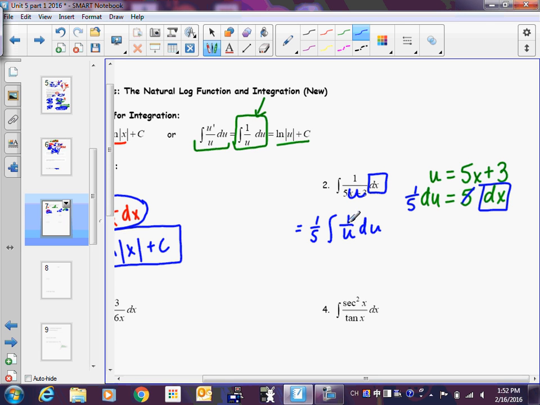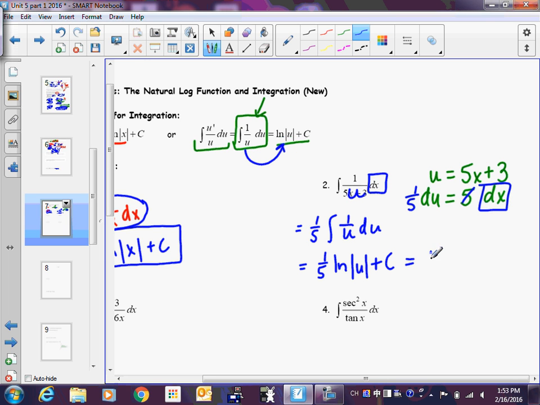You don't want to have any x's mixed in with your u's here. If that's the case, you either did something wrong or it was supposed to be a TOCO problem. But this is just, everything got swapped in and out. So then what is the antiderivative of 1 over u? Natural log of u. So natural log, absolute value of u.